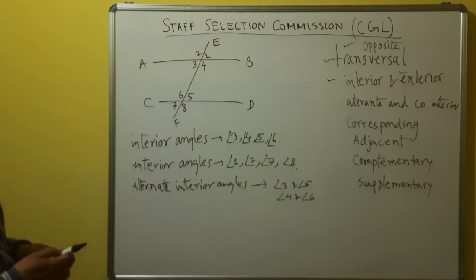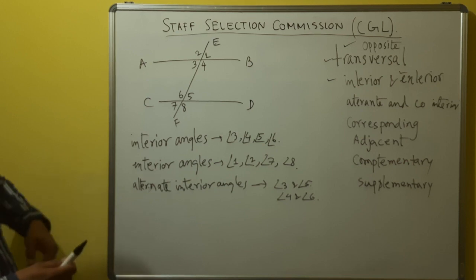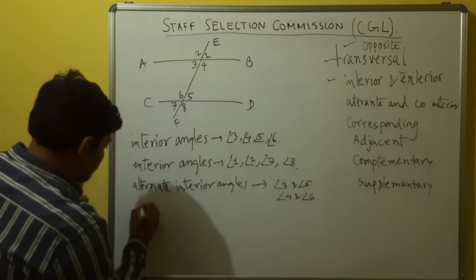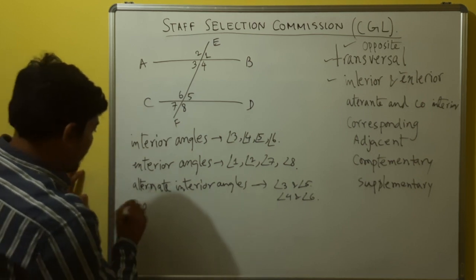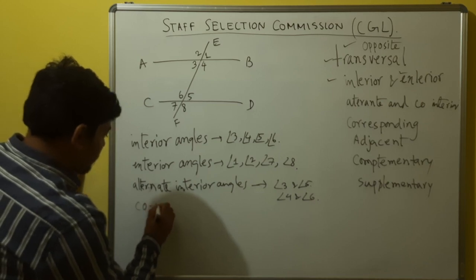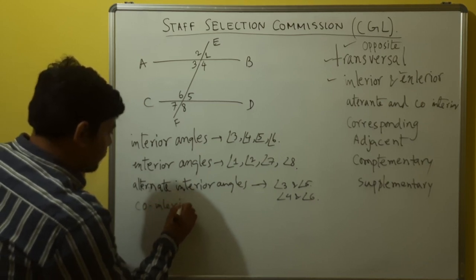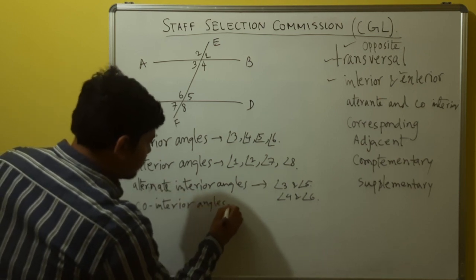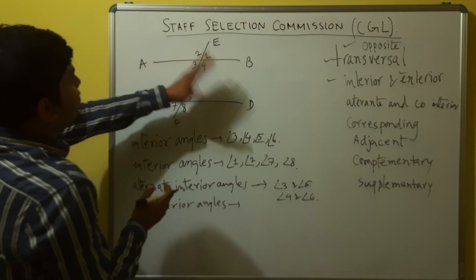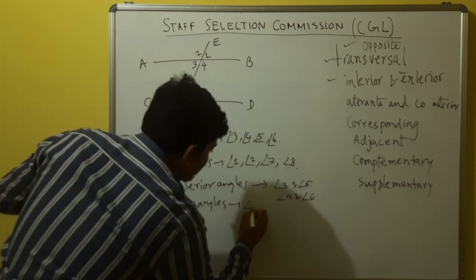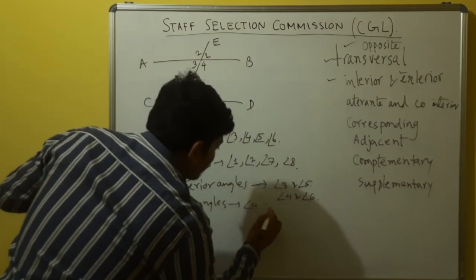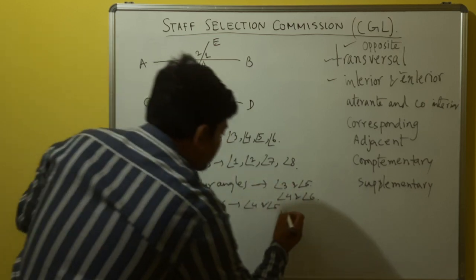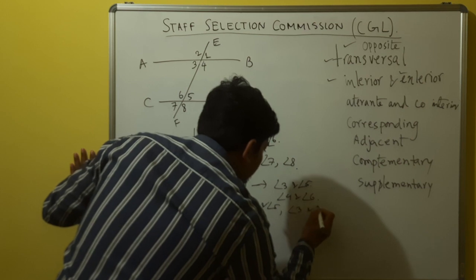Now, which are called co-interior angles? Co-interior angles are on the same side. 4 and 5, here 3 and 6.